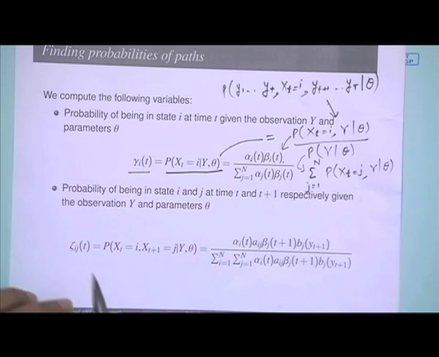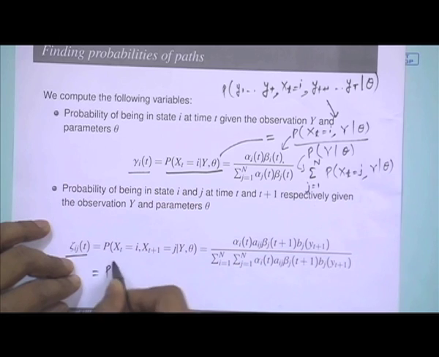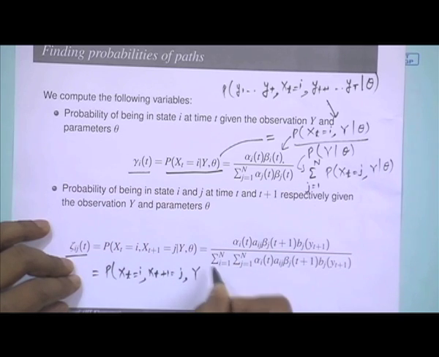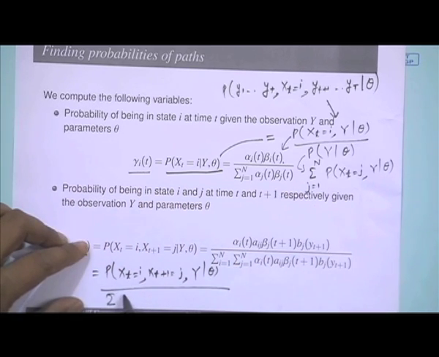Similarly, you can see for zeta ijt, that is the probability of xt = i, xt+1 = j given y and theta. In the same way, you can write it as the probability of xt = i, xt+1 = j, y given theta, divided by the probability of y given theta, that will marginalize over all possible i and j.